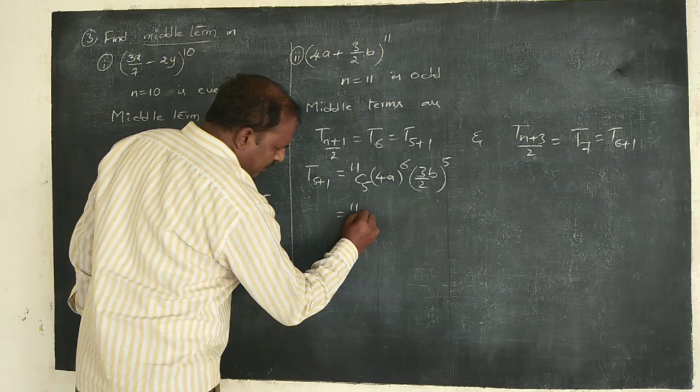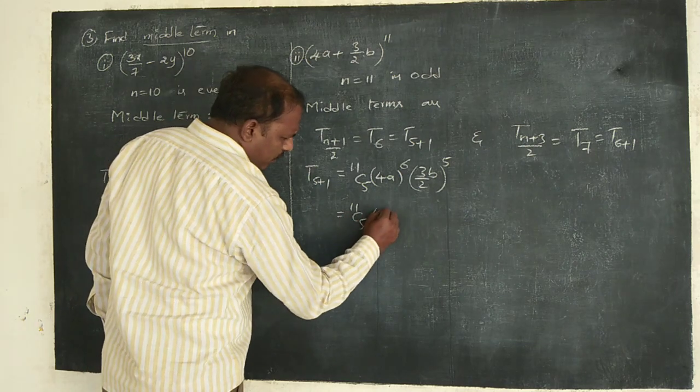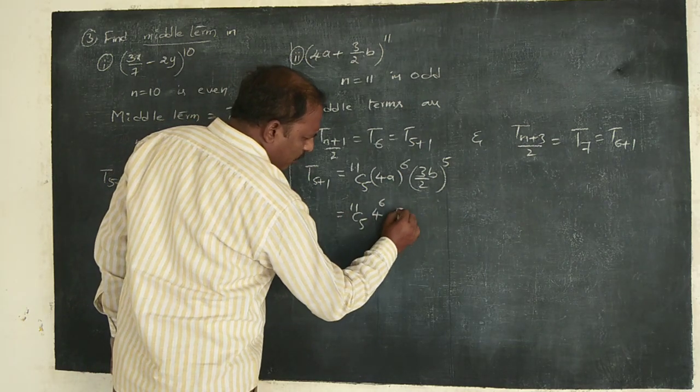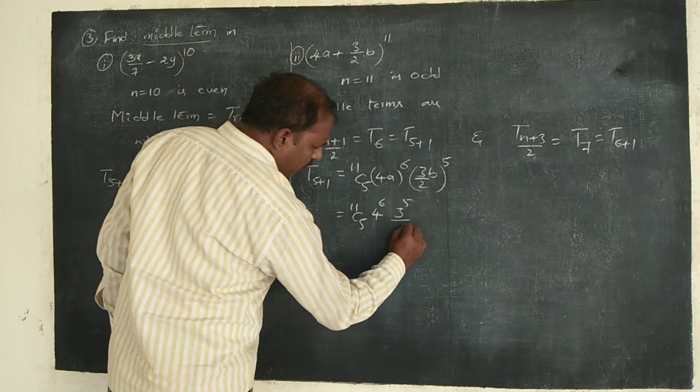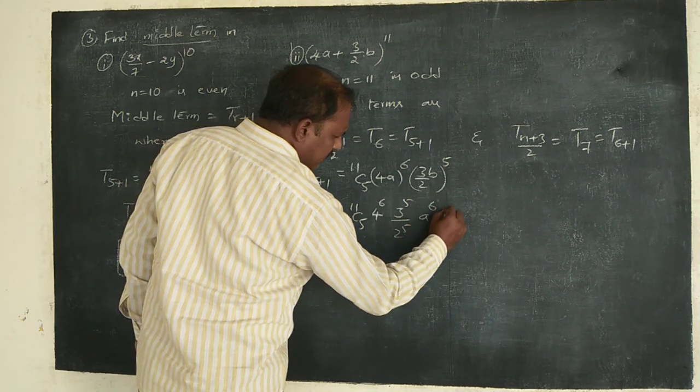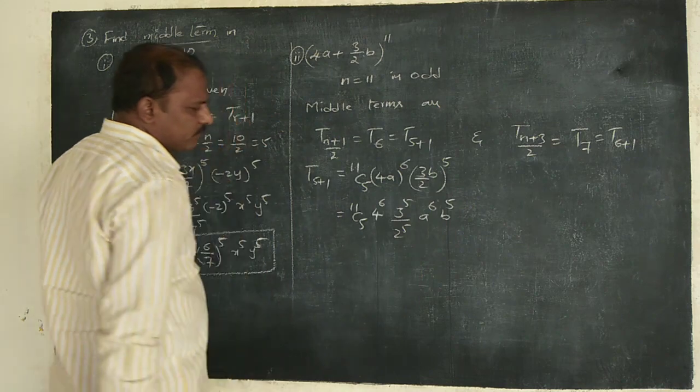There is 11C5, 4 to the power of 6, 3 to the power of 5 by 2 to the power of 5, a to the power of 6, b to the power of 5.